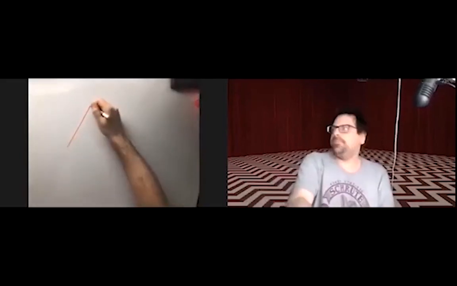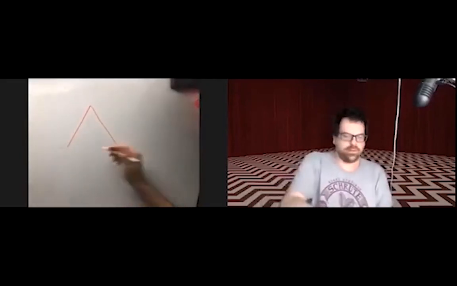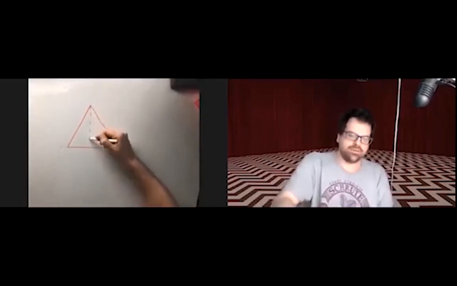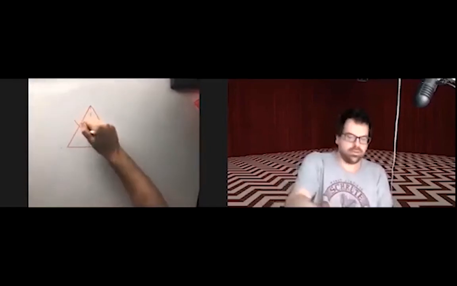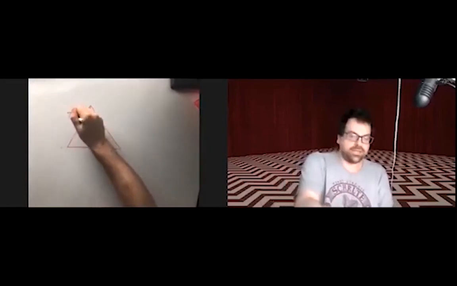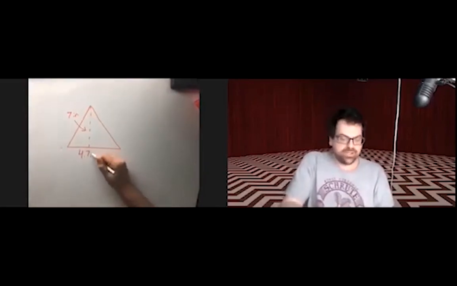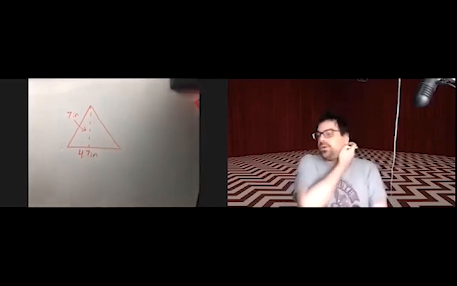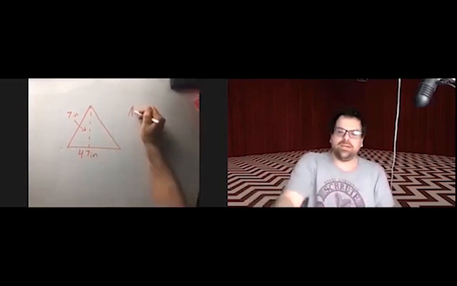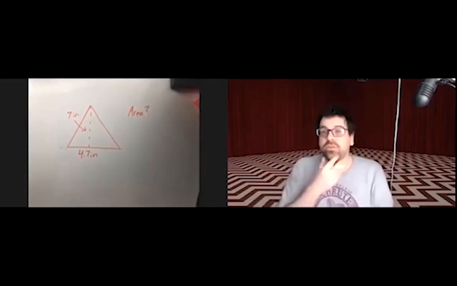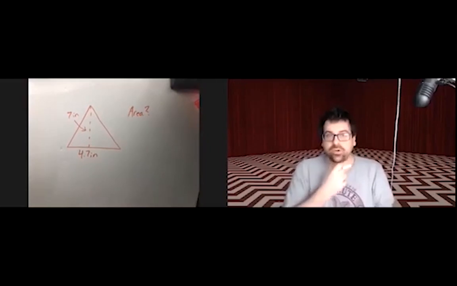Before we move on, let's say we have a triangle, height 7 inches, base in decimal form 4.7 inches. What is the area? Well, you have to know the formula for an area of a triangle.